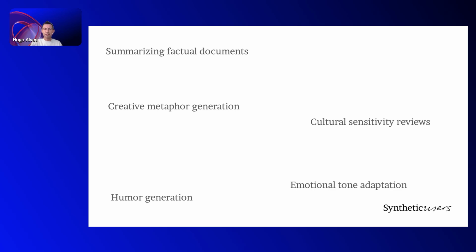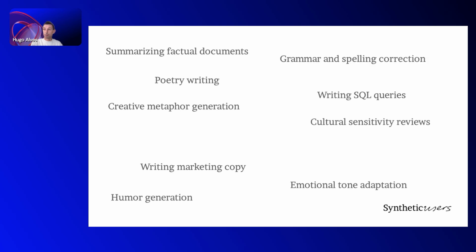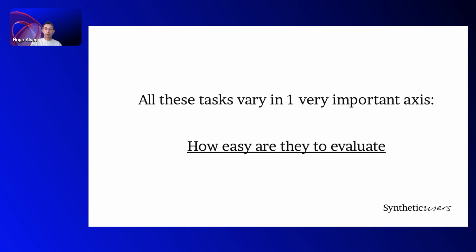From summarizing to generating jokes to seeing if content is relevant in terms of cultural sensitivity, there are now countless tasks, and the list that I'm sharing here is in no way complete. There are now countless tasks that we can use these large language models to help us with.